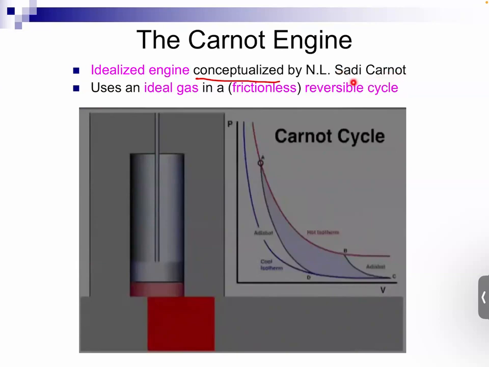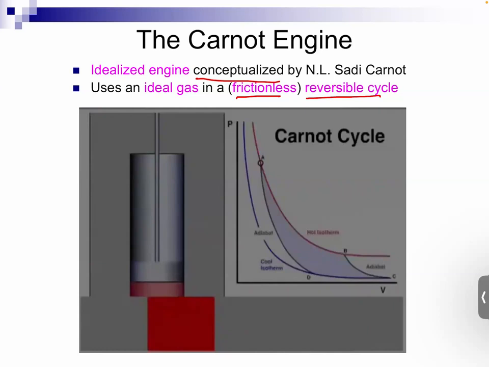So he idealized this engine by saying that what if you have a perfect engine that can undergo a frictionless reversible cycle? What concepts can we derive from this perfect engine? Okay. And so this engine was named after him because he was the one who dreamt about it or conceptualized about it. And his concept was like this.